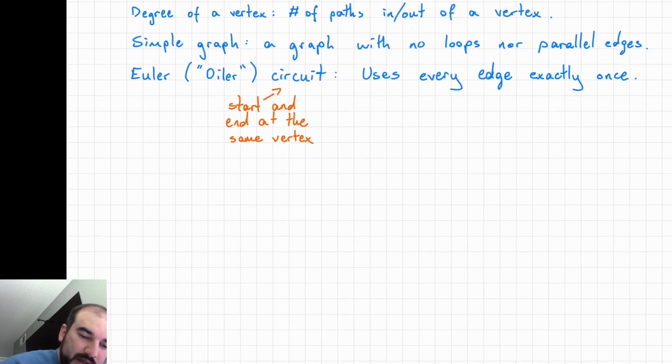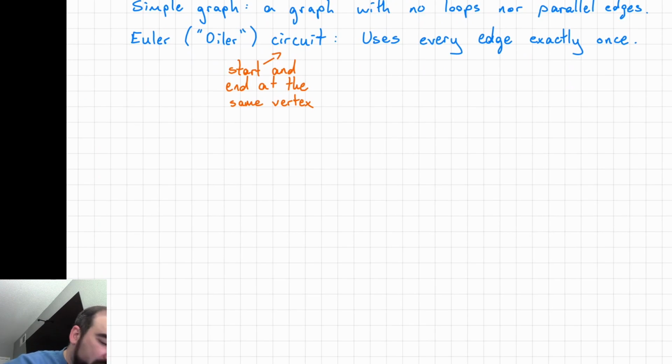Which is where the next thing is going to come in, which is a theorem about Euler circuits. So the theorem for Euler circuits is that a connected graph, connected just means that there's only one piece to the graph.